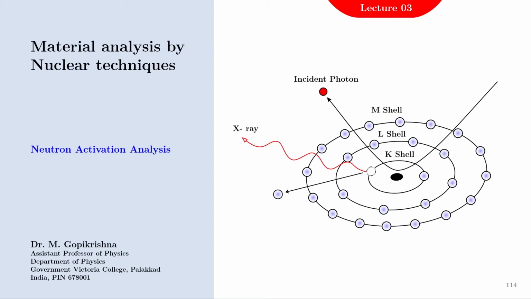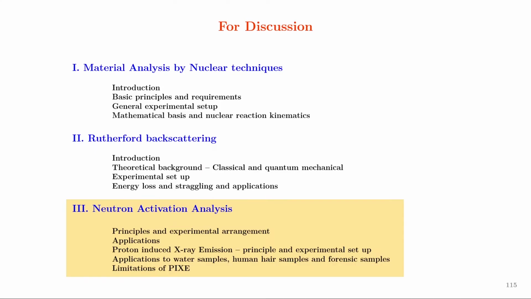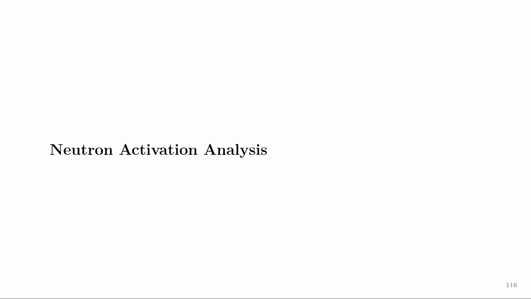In the third lecture on material analysis by nuclear techniques, we shall discuss neutron activation analysis, known as NAA in short. Neutron activation analysis is a nuclear process used for determining the concentrations of elements in a vast amount of materials.